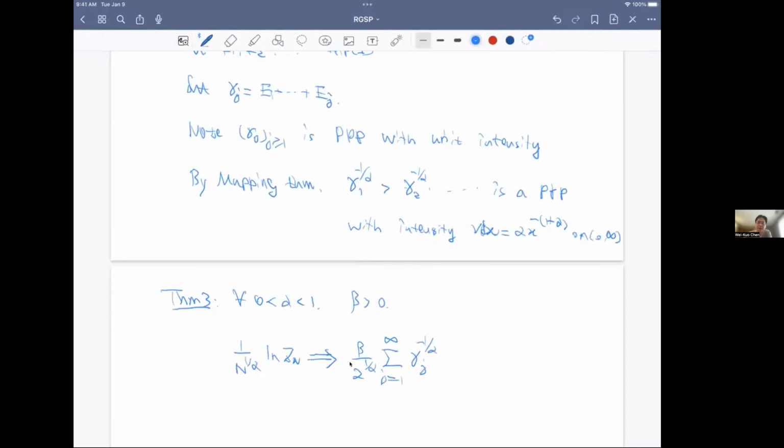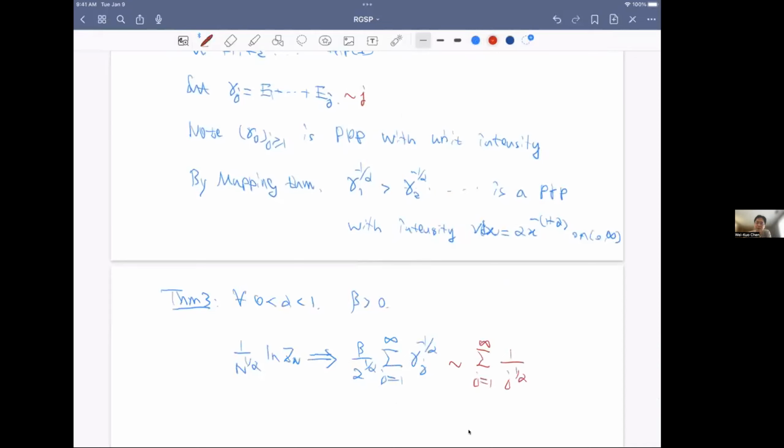And somehow of course, by law of large numbers, since it's just a sum of IID exponentials, I know that this gamma j will be roughly of order j as long as j is big enough. So it looks like you are summing over j from 1 to infinity of 1 over j to the 1 over alpha.